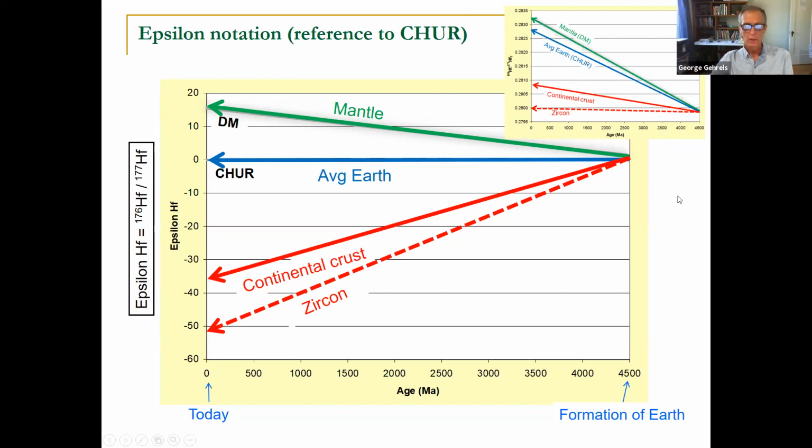And this is just so people can go to GSA meetings and talk about their zircons being -40, -50, instead of having to carry around a number like 0.28017. Oh, and yours is 0.28023. You know, who carries those numbers around? Whereas if it's a plus something or a minus something, those are easy numbers to use. And it also registers everything to this CHUR reference frame, so we all can be on the same playing field.